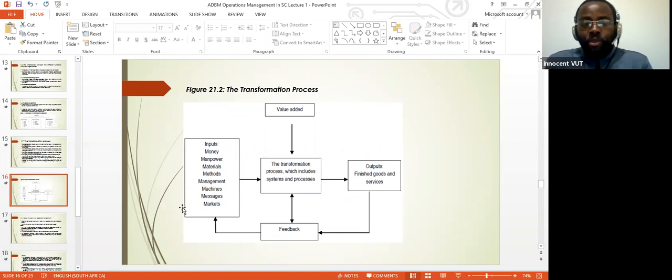And then from the outputs, we have feedback. The feedback is given to the transformation process, and it also goes to the input stage. So this is our transformation process: inputs, transformation process, and outputs, and then we have value added and feedback.